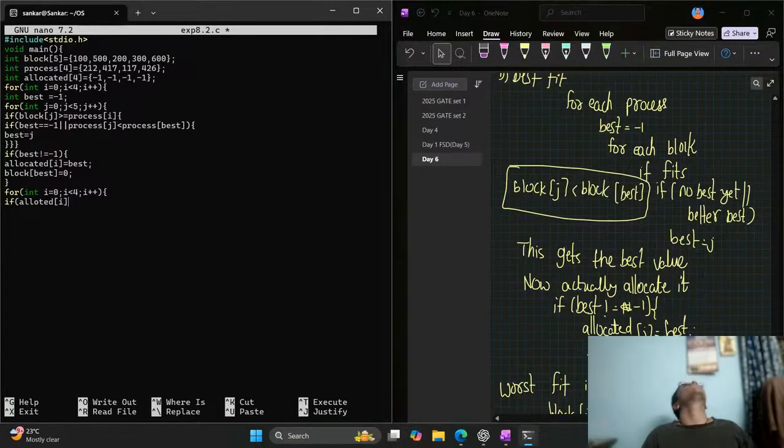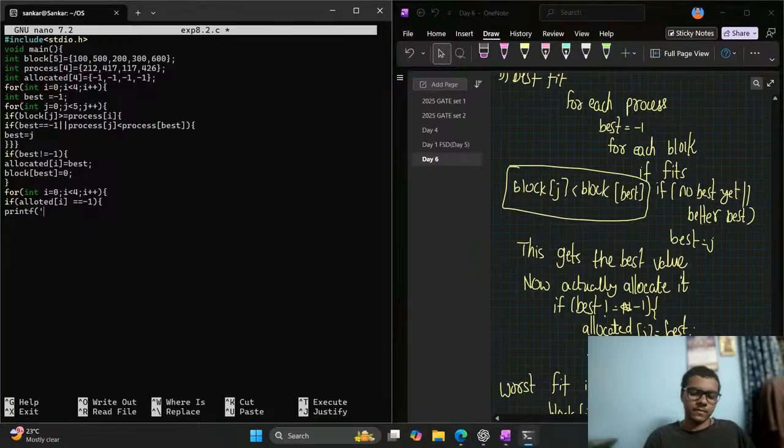If allocated of I is equals to -1, that means what? Oh my god, my hands are hurting.